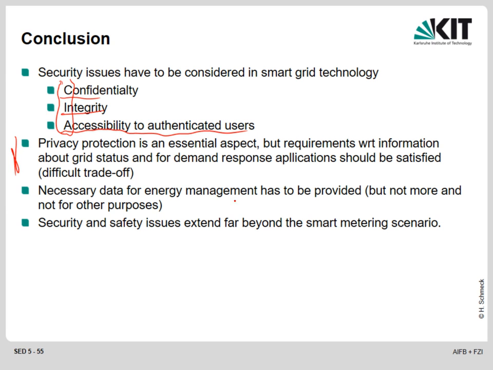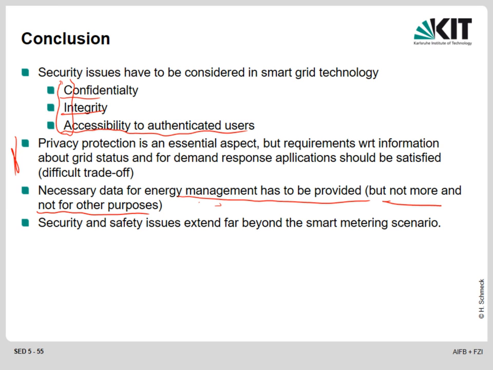So the data has to be provided, but not more and not for other purposes. You can make it simple and just send everything everywhere, but this is not reasonable. What you should do is send only the data that is needed to the agent or to the location where some functionality is performed, but you should never send more than that.